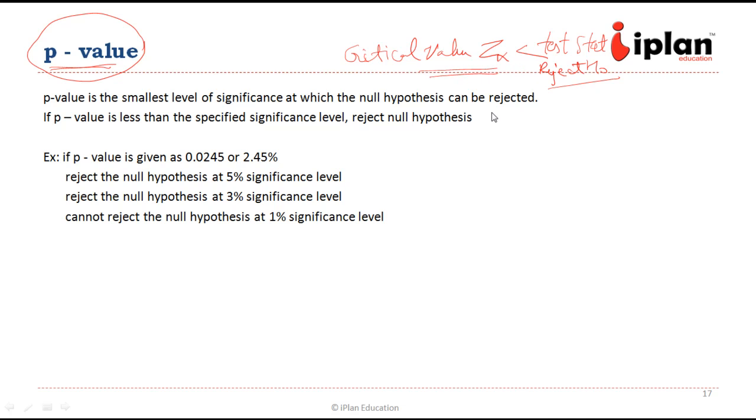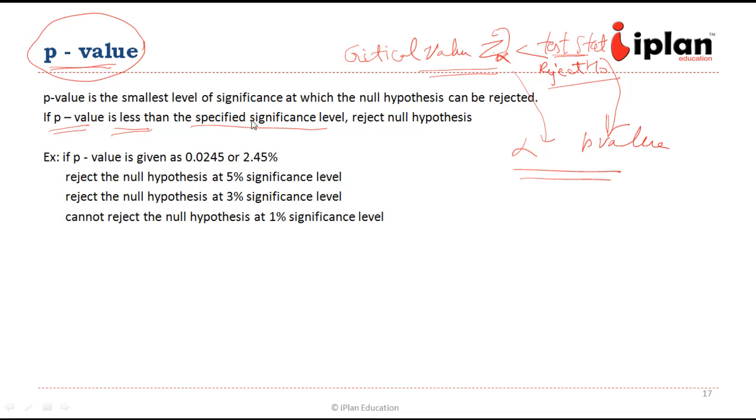Another way of looking at the same idea is using p-values. So instead of converting the significance level into a critical value using our table and getting the z-score for comparison with the test statistic, we can convert the test statistic into a p-value from the same table, and we can compare this with alpha, which is our level of significance.